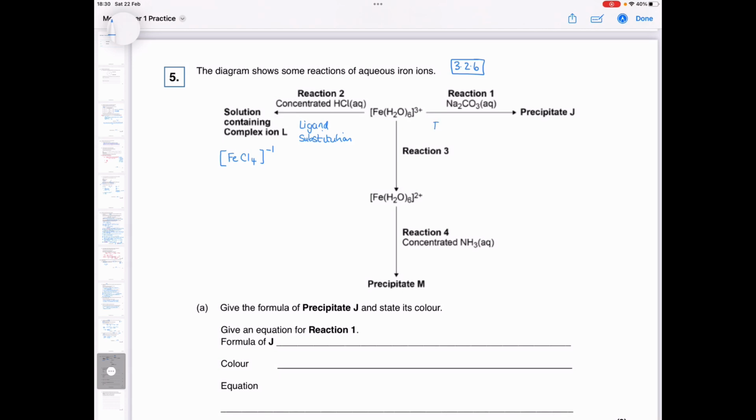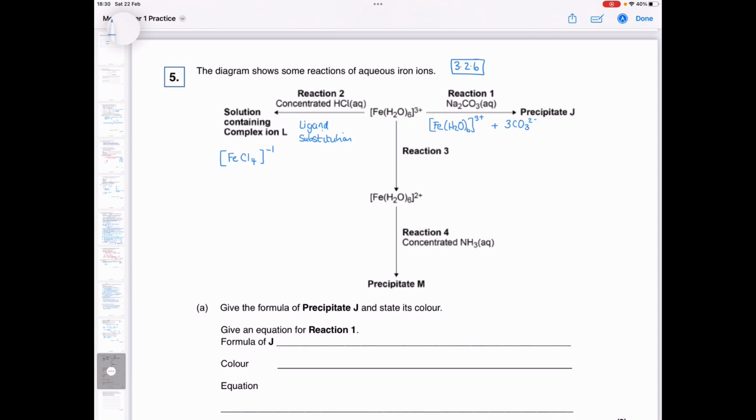So we're going to have the Fe(H2O)6 3+, and it's going to react. 3 of the water molecules are going to give up a hydrogen ion to react with 3 carbonate ions.